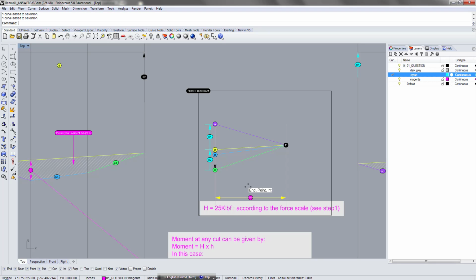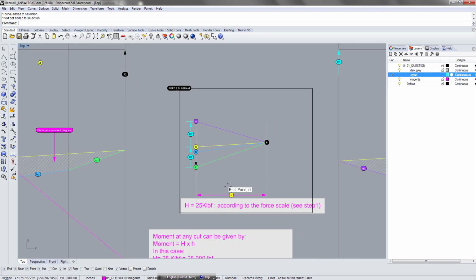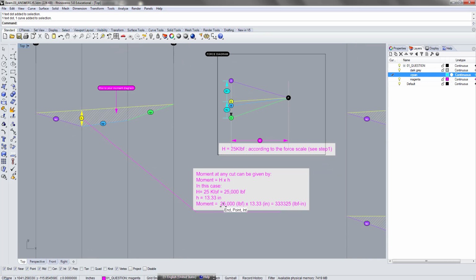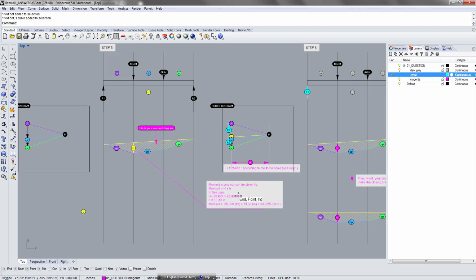So we use this horizontal force, which we refer to as the H force. We multiply this force and this height, and that gives us the bending moment of this beam at any given point.